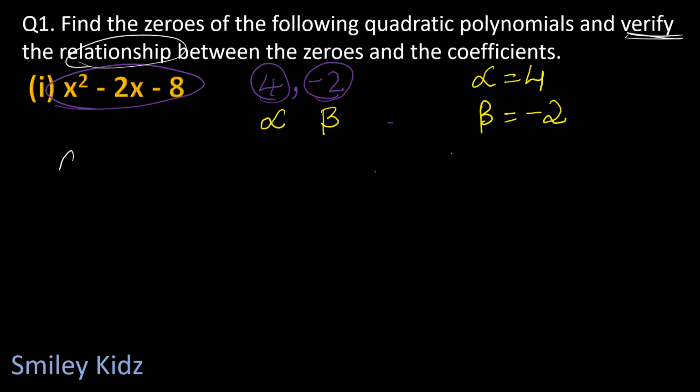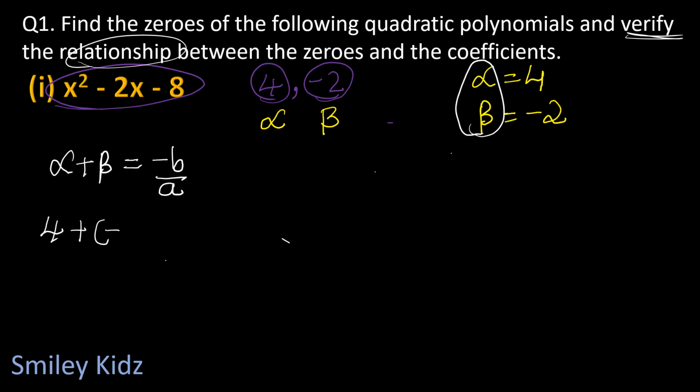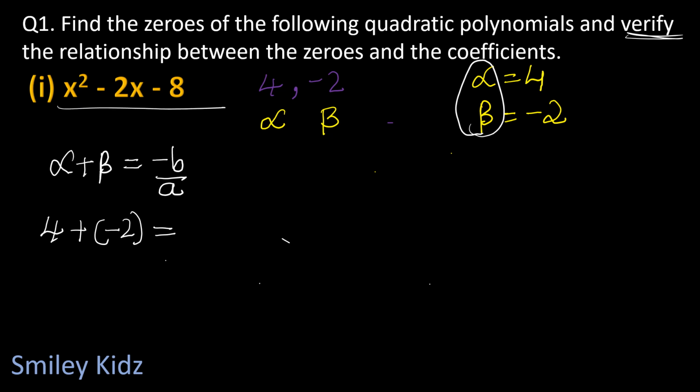We know the fact that alpha plus beta is equal to minus b by a. Now we know that alpha and beta are what? 4 and minus 2. So 4 plus minus 2 is going to give you minus b by a. Here we know that in this particular quadratic polynomial, which is x squared minus 2x minus 8, a is 1, b is minus 2 and c is minus 8, isn't it?